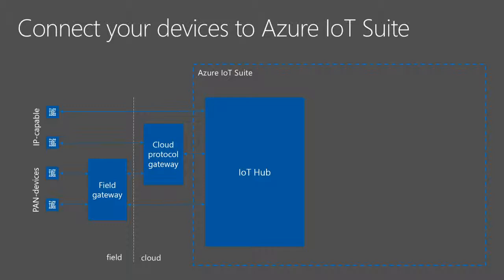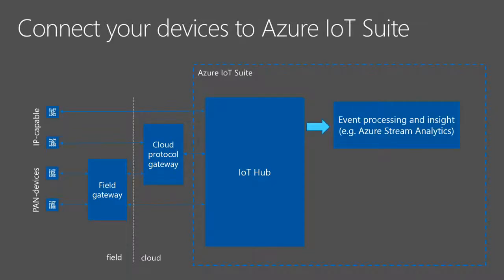Some of those are translating between short-range protocols, things like Zigbee or Bluetooth or 6LoWPAN and the like, and a more standard IP protocol with which you can then go to your cloud. Now, that of course is not as easy as I make it sound, but for the purpose of this talk, we're going to consider only the connectivity aspects of what field gateways and cloud gateways do.